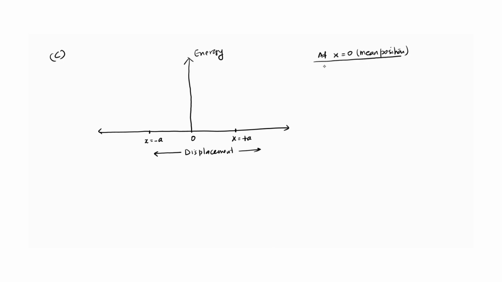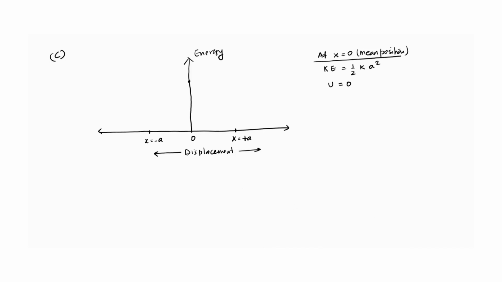So in this case, kinetic energy is half K times square of the amplitude. So kinetic energy is maximum at the mean position. And potential energy, let's say represented by U, is 0.